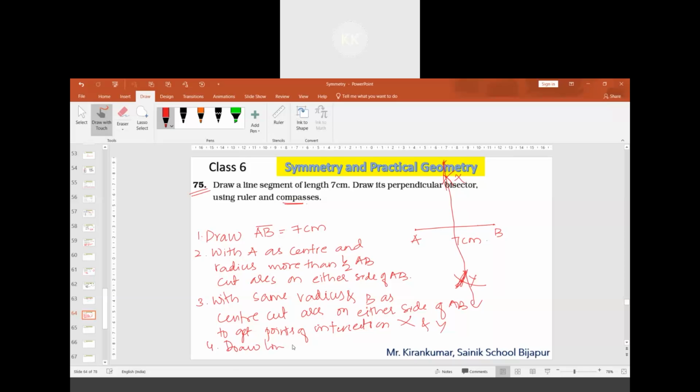This XY will be the perpendicular bisector.